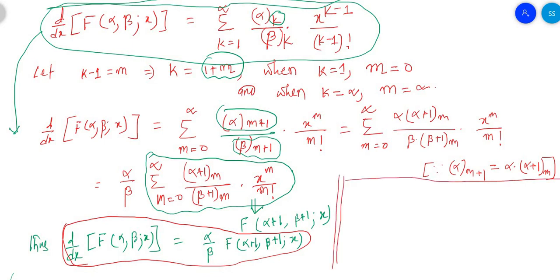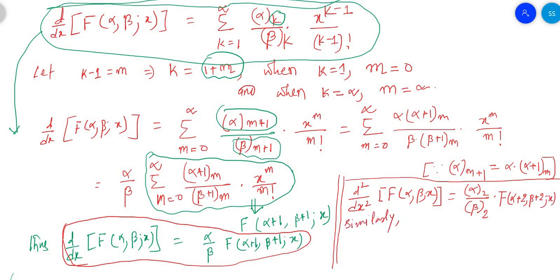In the same spirit, we can write d squared over dx squared F(alpha; beta; x) is equal to (alpha)_2 over (beta)_2 into F(alpha plus 2; beta plus 2; x).